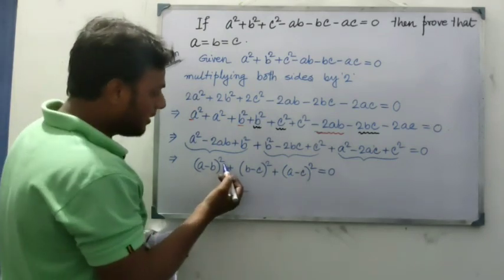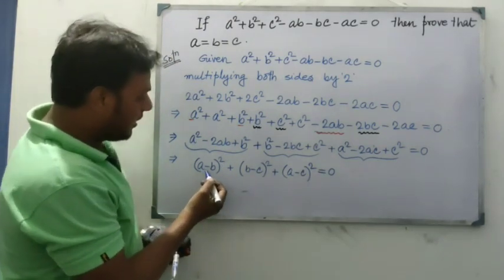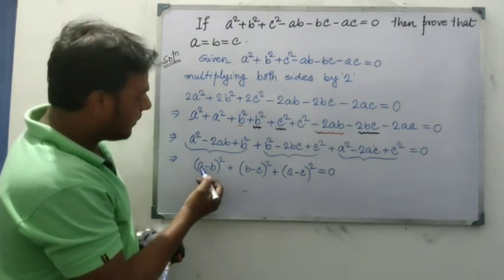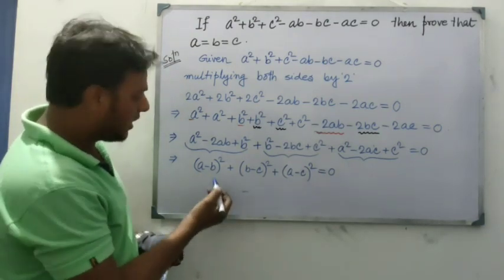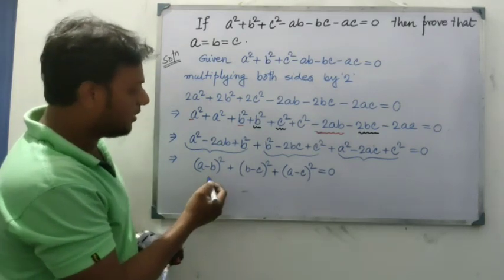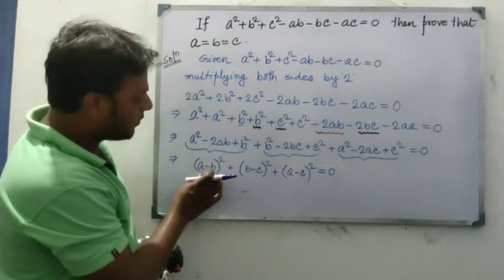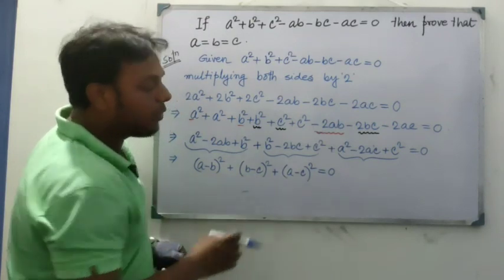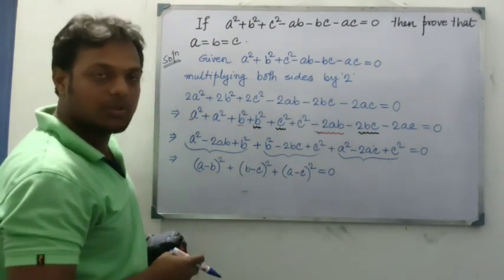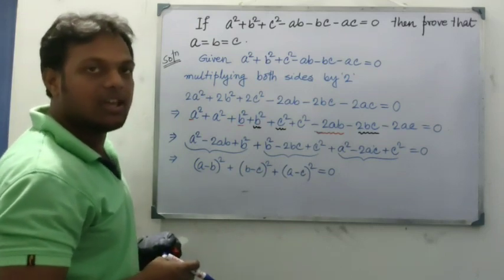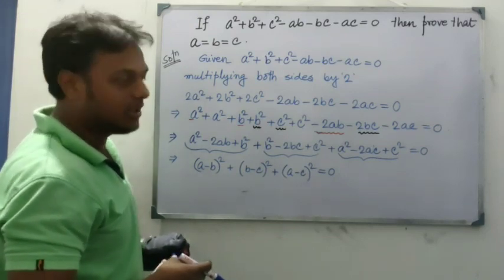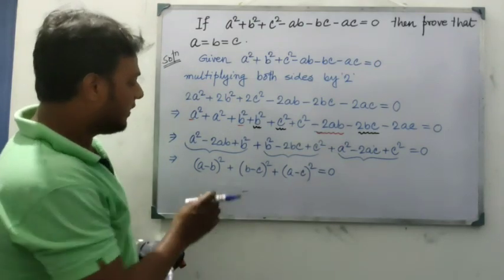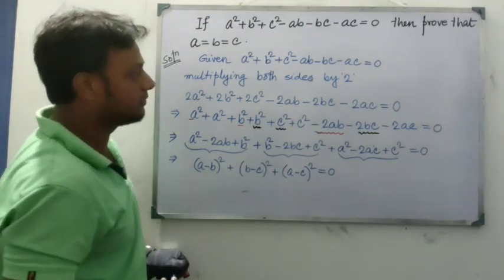So whole square is there, so it does not depend on a minus b. Whatever a minus b, positive or negative, it will give a positive number. So this is positive, this is positive, this is positive. So sum of positive numbers will be 0 only when they are individually 0. Okay, that means from this line we conclude that they are individually 0.